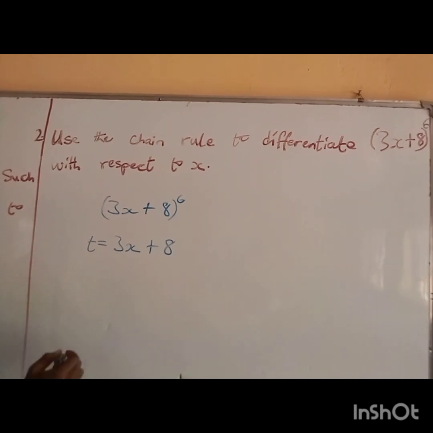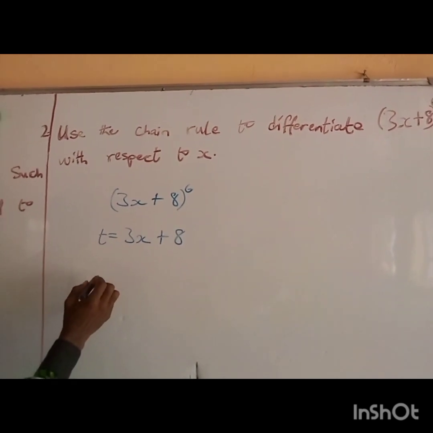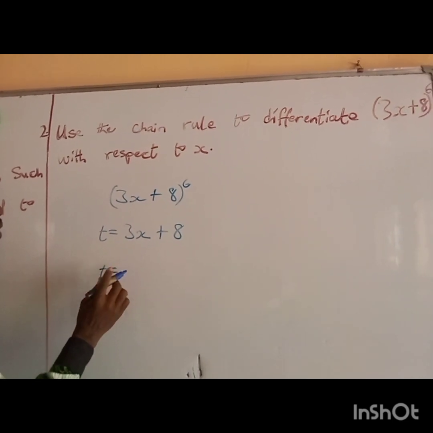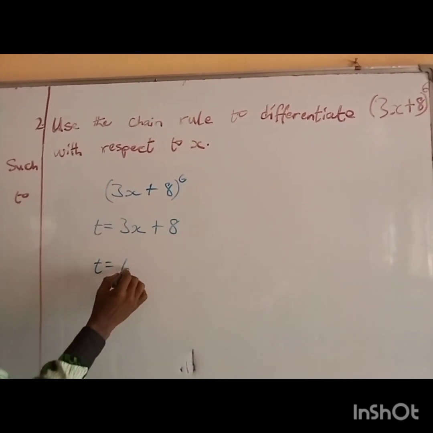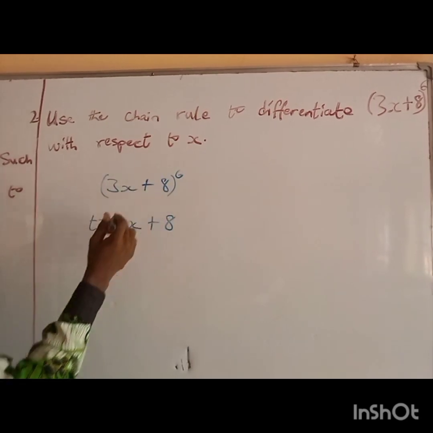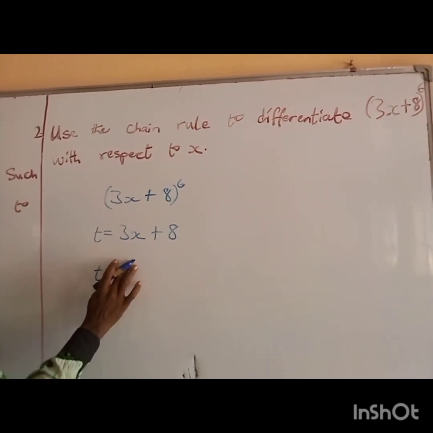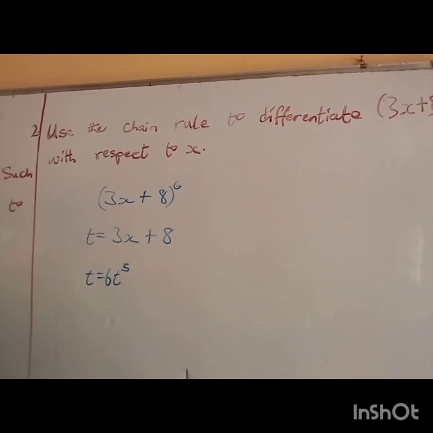Now y becomes t raised to the power 6, and this 6, if 6 comes down here, the power becomes 5.